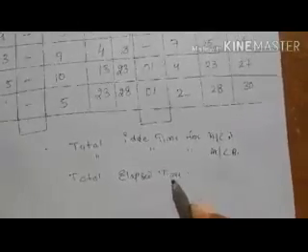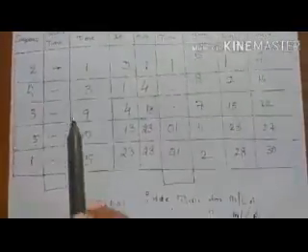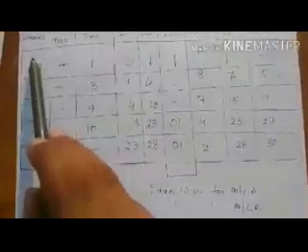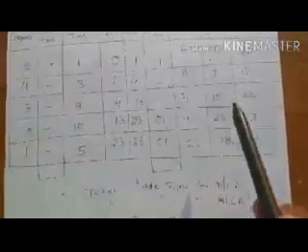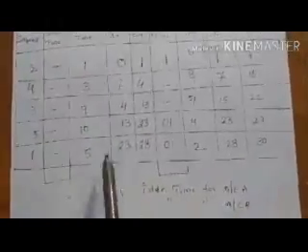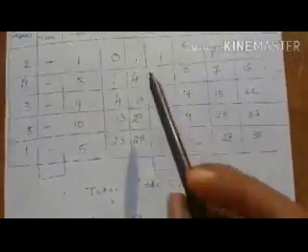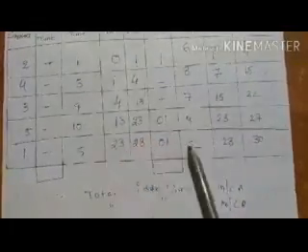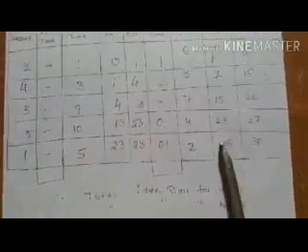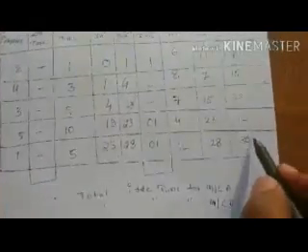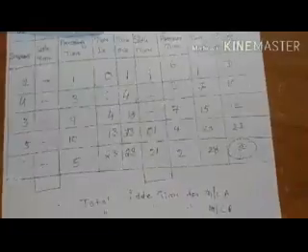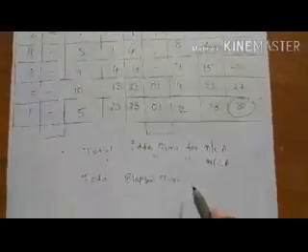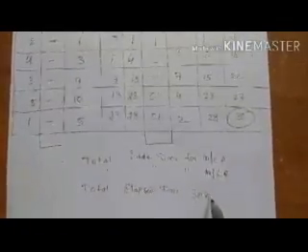What is meant by elapsed time? The elapsed time is nothing but the time from the entry of the first object to the exit of the last object. During this period, how much time will be required to process all the objects? That is 30 hours. So the total elapsed time is 30 hours.